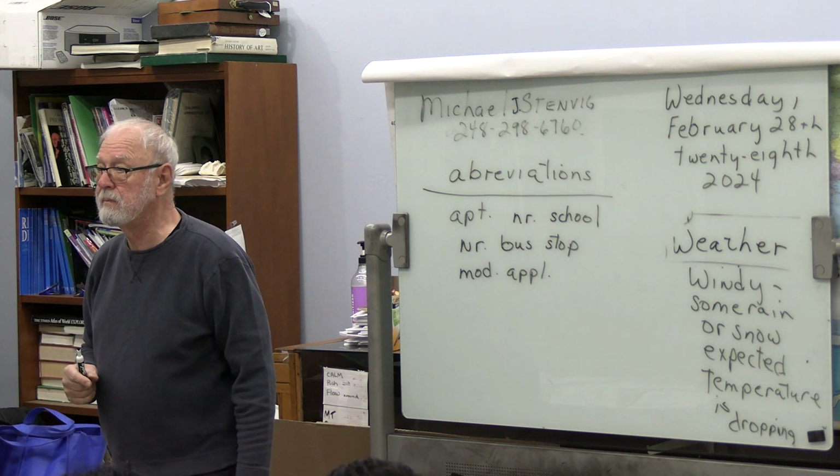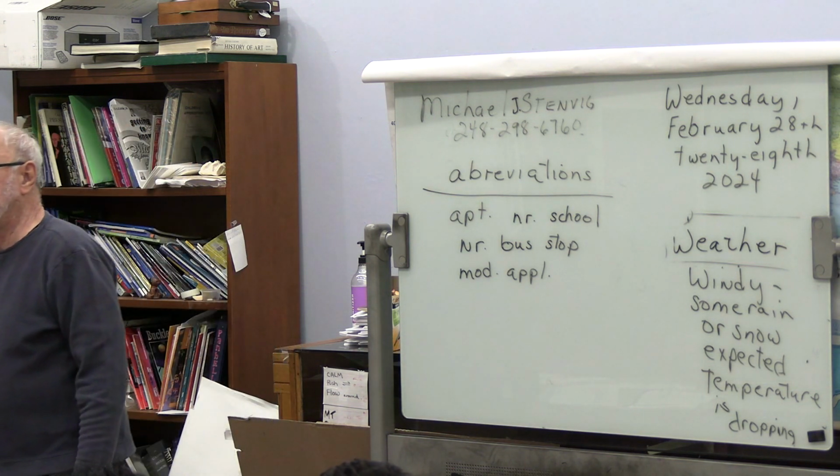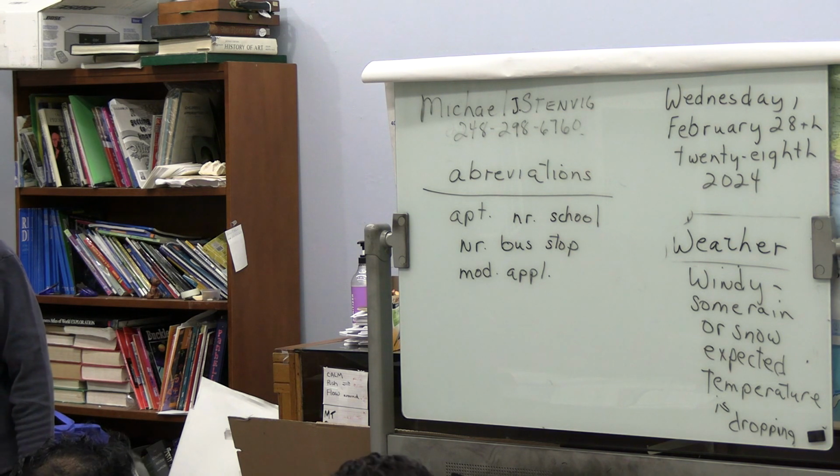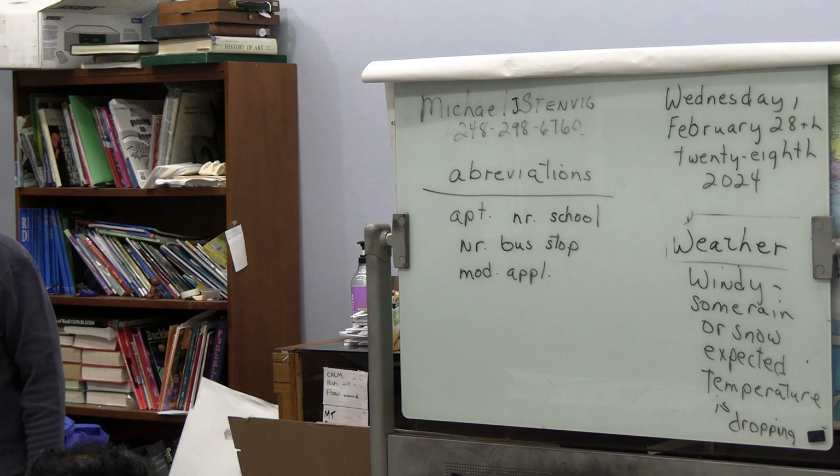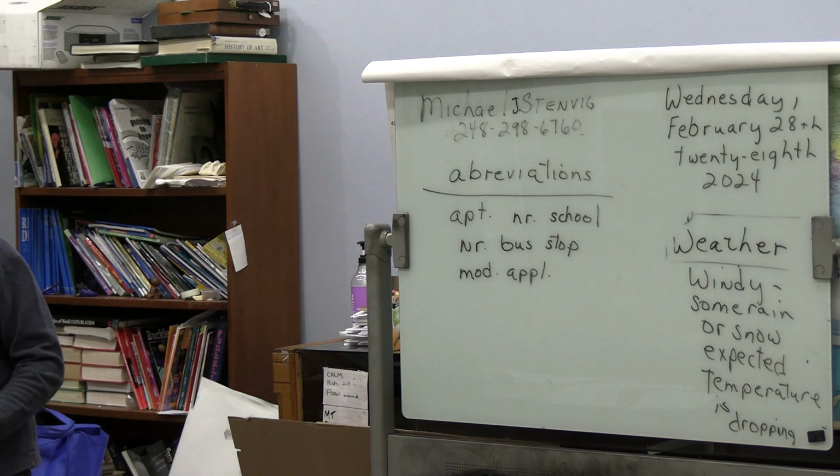In my kitchen, I have a dishwasher, I have a refrigerator, I have a stove. These are all appliances. Okay? When I say modern appliances, what does that mean? They're fairly new, they're up to date, not old. Okay?